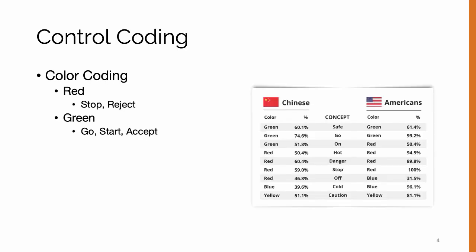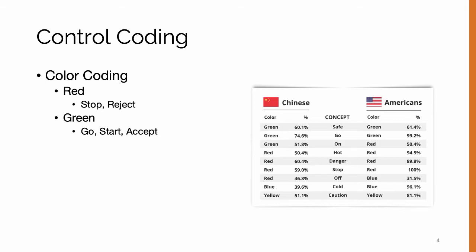There's some ways we tend to think about certain types of things like colors when we're talking about color coding for controls. So for example, usually with controls, we know that when we see a red button, it often means stop or reject or cancel or something similar to that. And when we see a green button, we usually think of go and start and accept and so forth. And that's really true in the US. It's largely true in other places too.